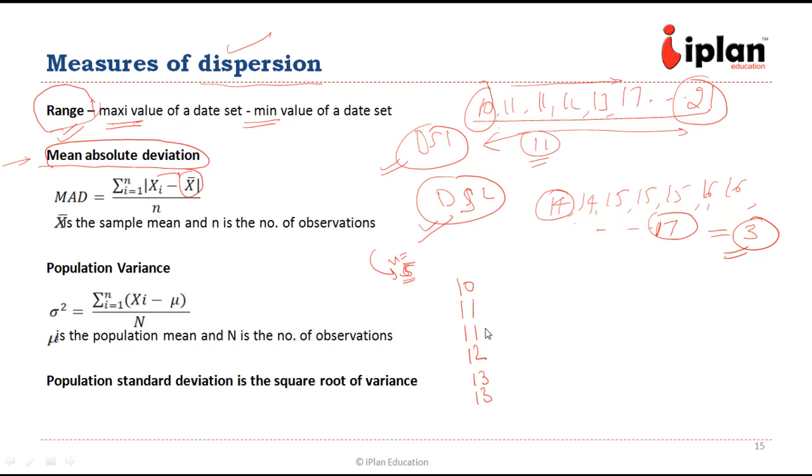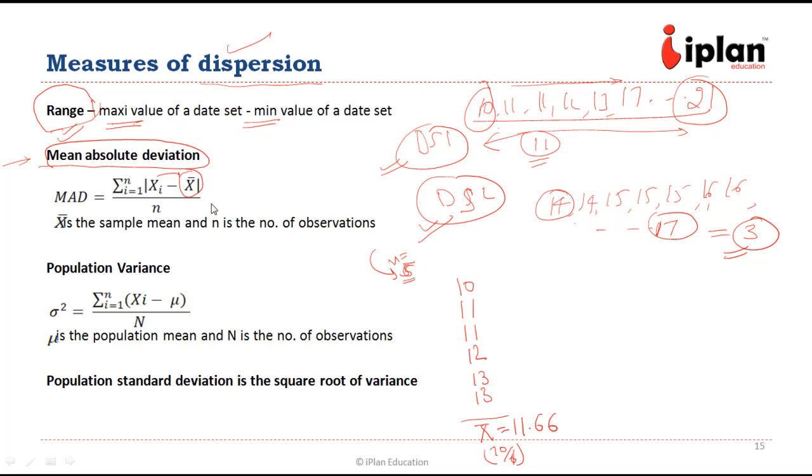First we calculate the average of these 6 values, which is x bar, 11.66, which is just the summation divided by the number of terms. This is coming from 70 divided by 6, which is 11.66.